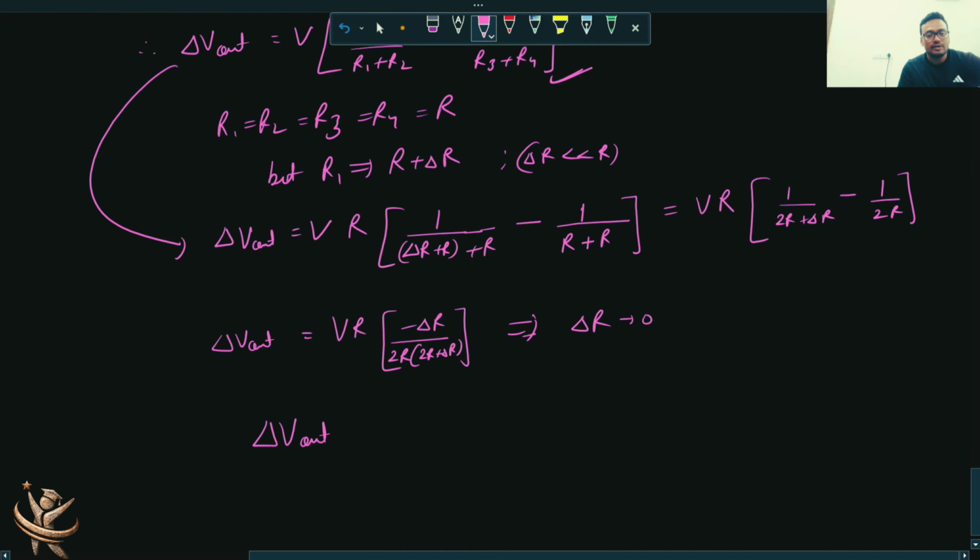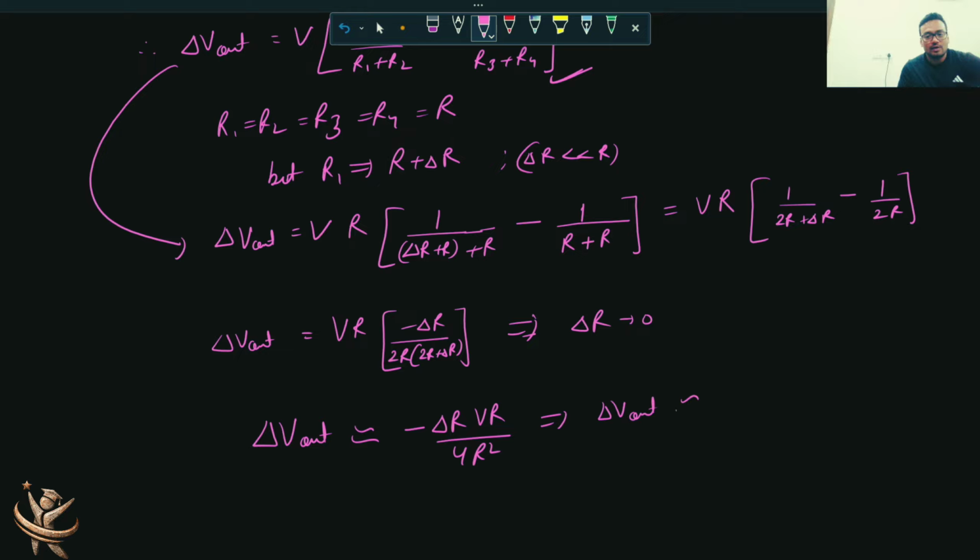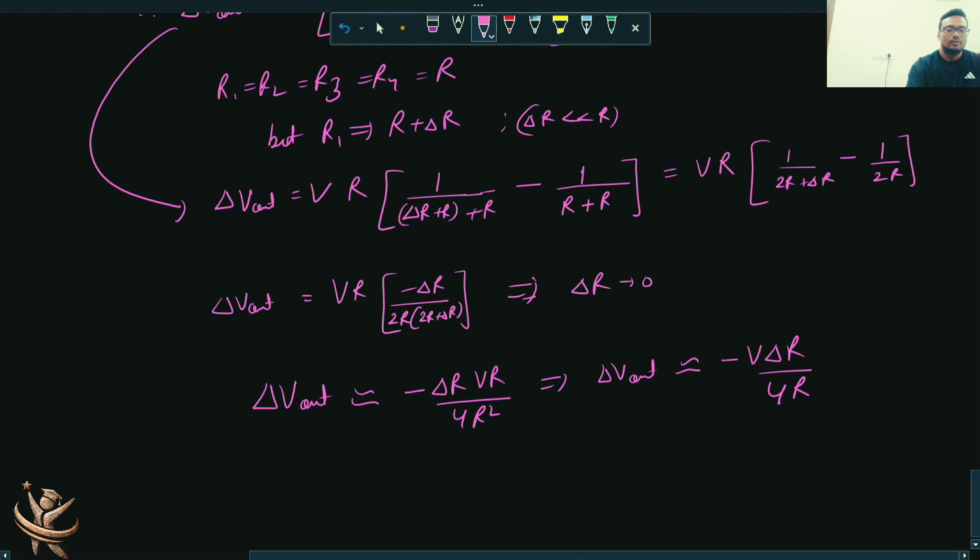So delta V out will become minus delta R VR divided by, since delta R is gone in the denominator, 4R square. Further, you can say delta V out will almost become minus V delta R by 4R, right?